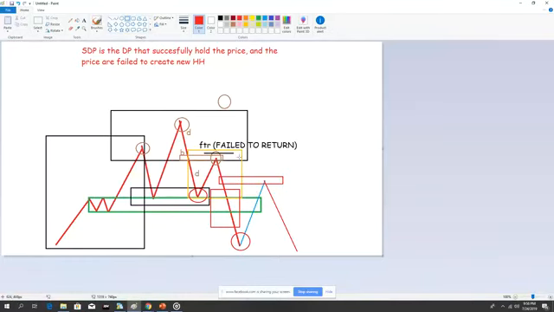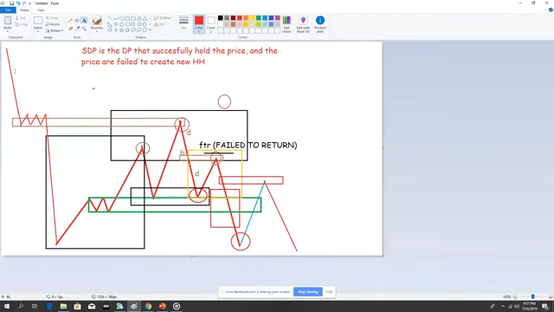Okay, so the next phase, the SDP does not only come inside here, but the SDP can also occur here. Why? So now, for example, the price is doing drop, base, drop.